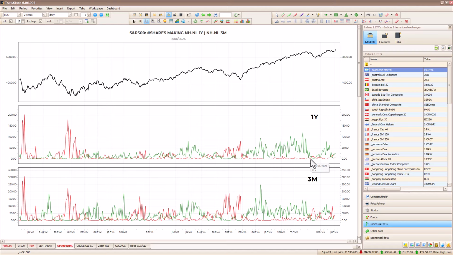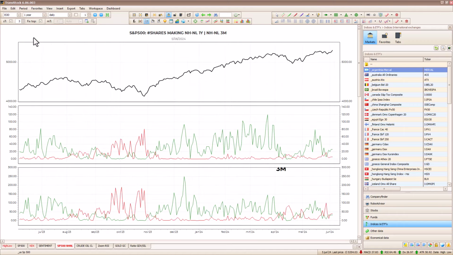But from April, the red line moves more violently, and the green line also decreases in value both on the 1 year and on the 3 month chart. Now I'm gonna zoom a little bit further. When the red line stays below 20, there is no real correction.